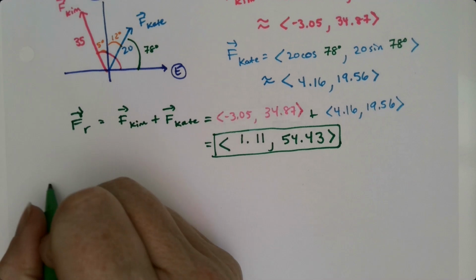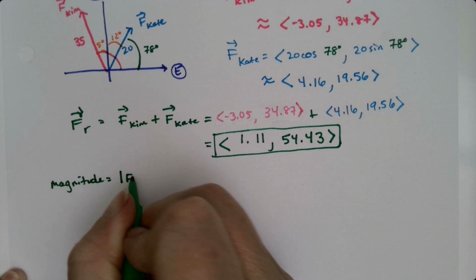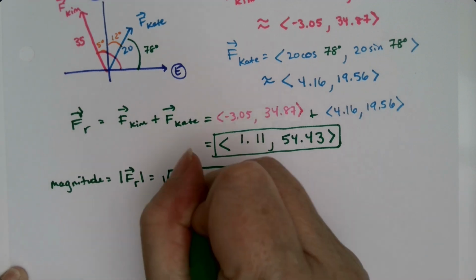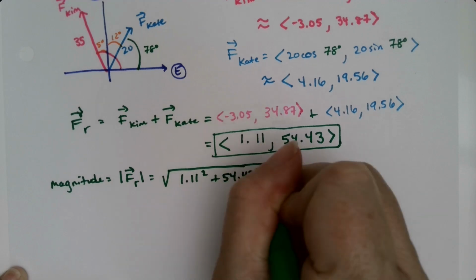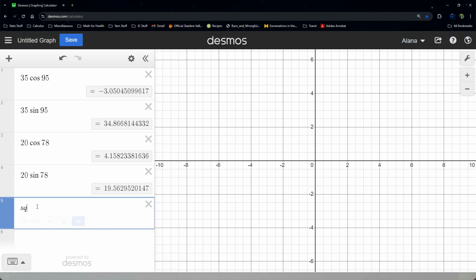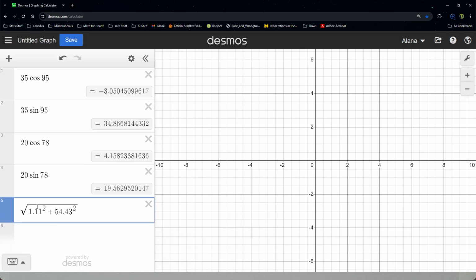Okay, magnitude will be the size of the force vector, the length of the force vector. And we find that with the square root of 1.11 squared plus 54.43 squared. And then we will go find what that is. All right, square root of 1.11 squared plus 54.43 squared.